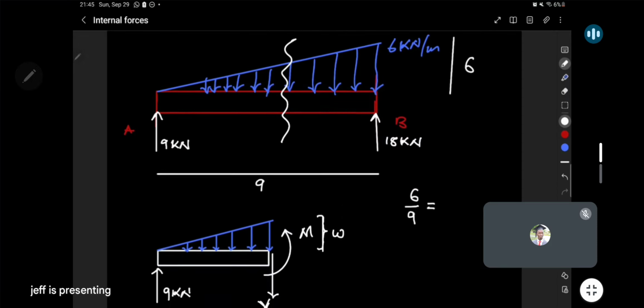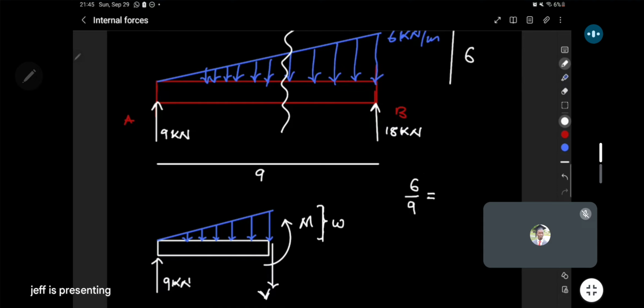The 6 and the 9, this is the load, and this is the length of the structure. So the load now, when it is reduced, what would the new load be if the length is reduced to a variable x? We're keeping a variable x because we don't really know exactly where this is going to be reduced. So we're keeping it general.